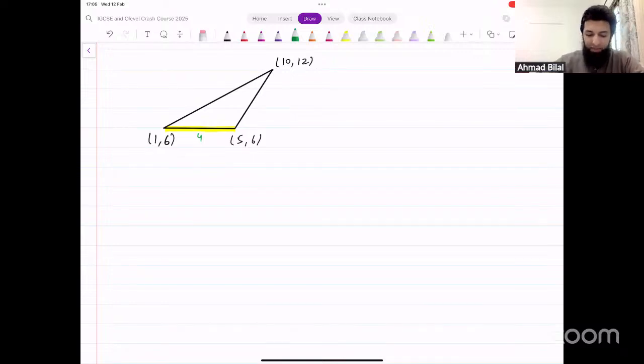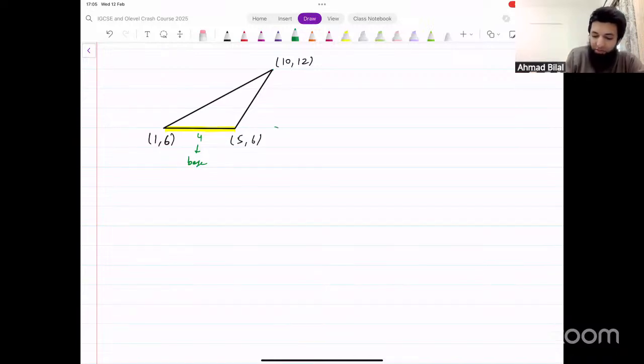Now, if you're taking this side as the base, what is the height going to be? Height is going to be perpendicular to this, the perpendicular coming from the third vertex to the base. Now, this is the third vertex. If we draw a perpendicular from that third vertex to the base, where is that going to be?